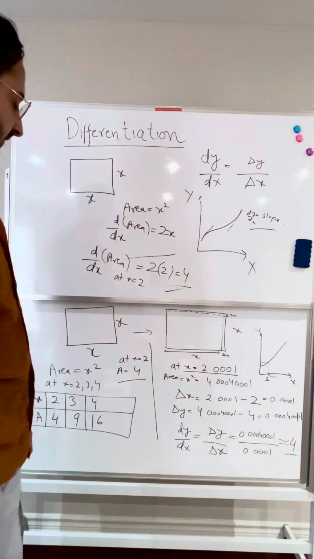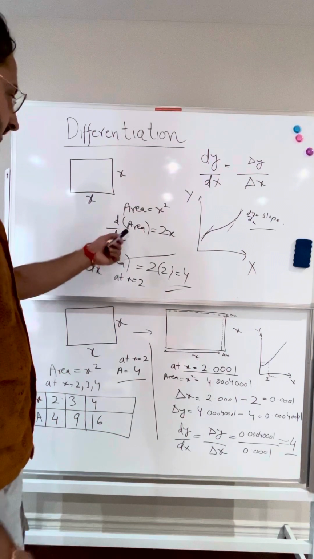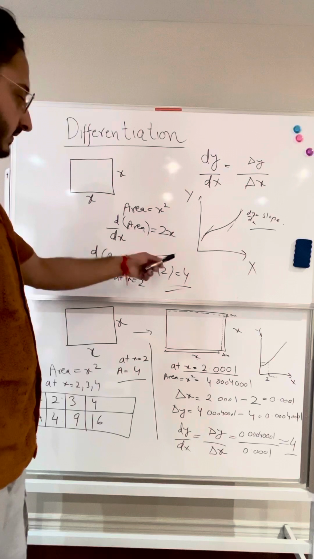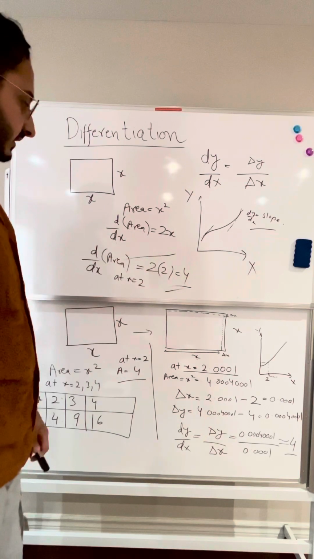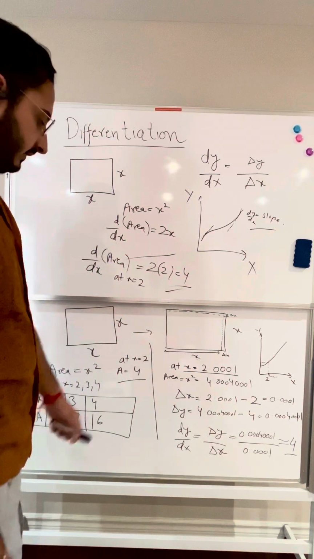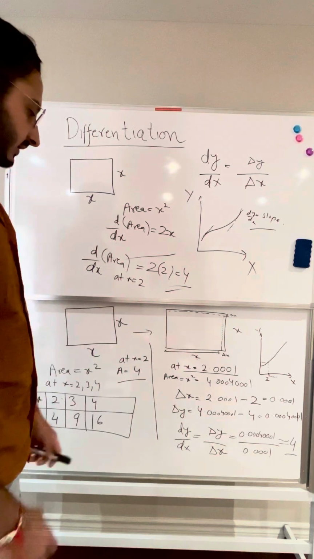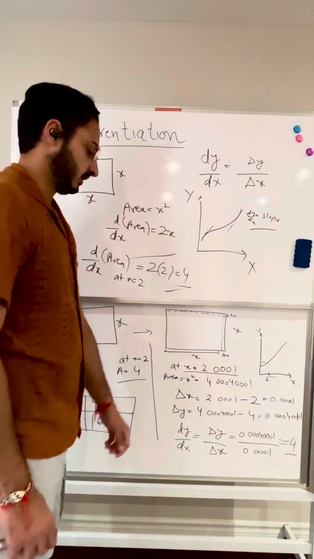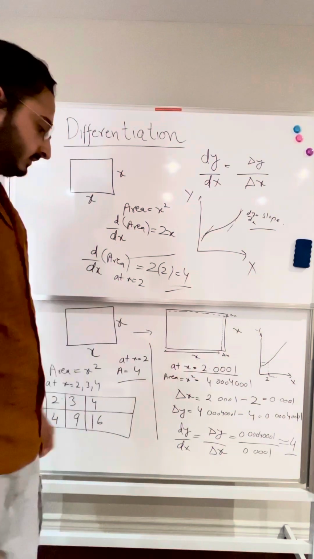Even if we apply the formula for differentiation, the derivative of the area is 2x, and at x equals 2 we get the derivative equal to 4, and similarly we proved it using the actual example with a small change of 0.0001 as well.